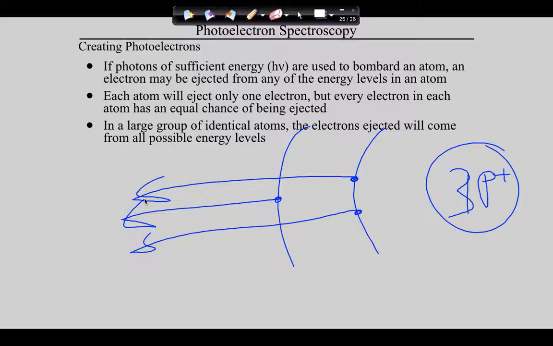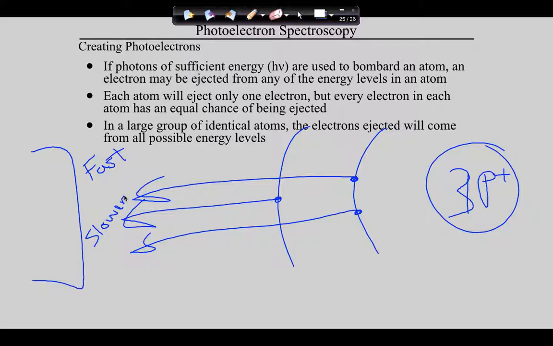So maybe we should talk about this then. What are we going to see over here at the detector? We're going to see different times and therefore different energies. Guys, check this out. This is actually important. You are going to see some electrons that are moving faster, and you're going to see some electrons that are moving slower.